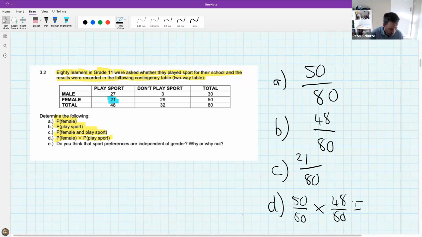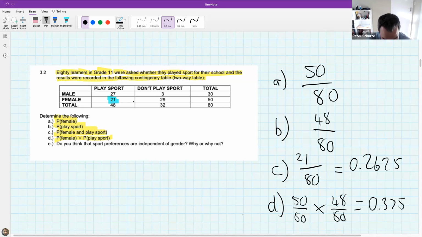So 50 over 80 times 48 over 80 is 0.375. Now I'm also going to translate what C is into a decimal. So 21 divided by 80 equals 0.2625.